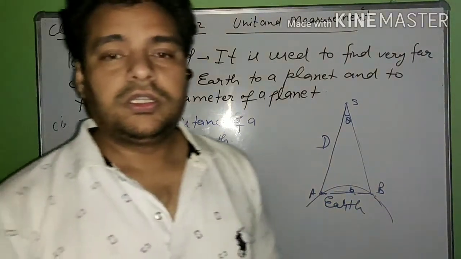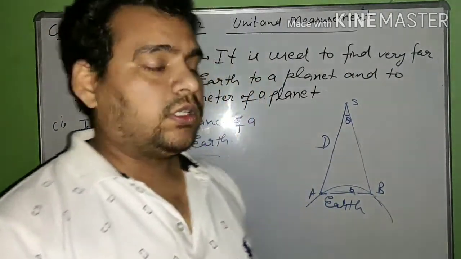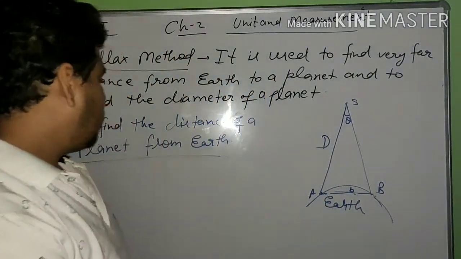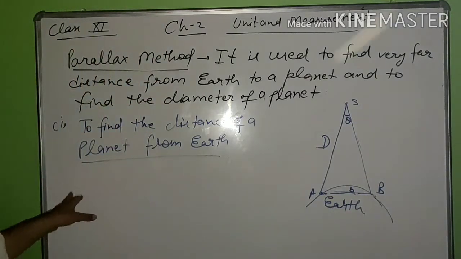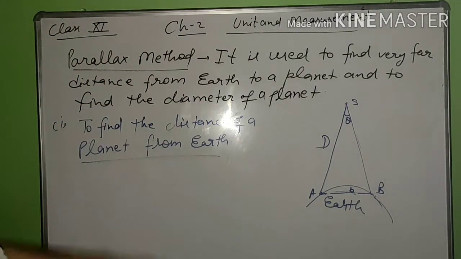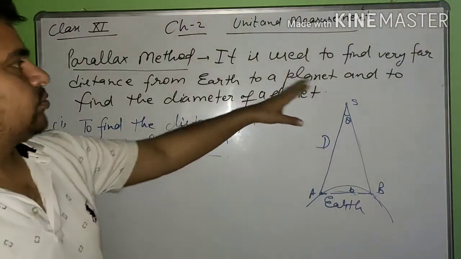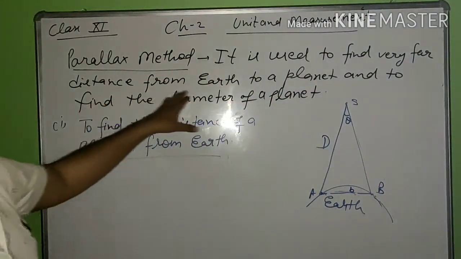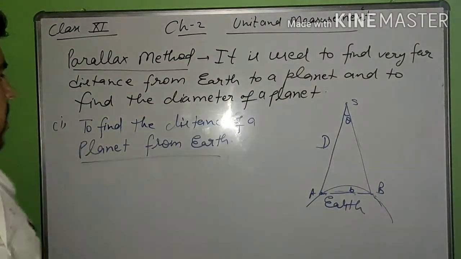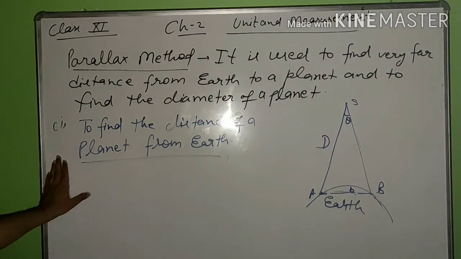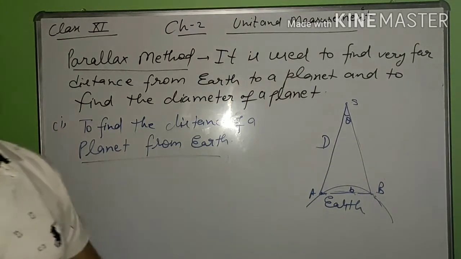Dear student, now we find the distance or length of a planet from Earth. For this, we are using the parallax method. As I told you, it is used to find very far distances from Earth to a planet and to find the diameter of a planet. First of all, we find the distance of a planet from the Earth.